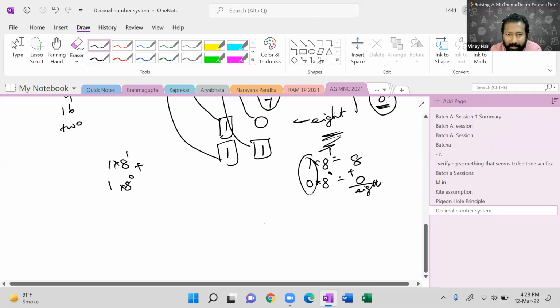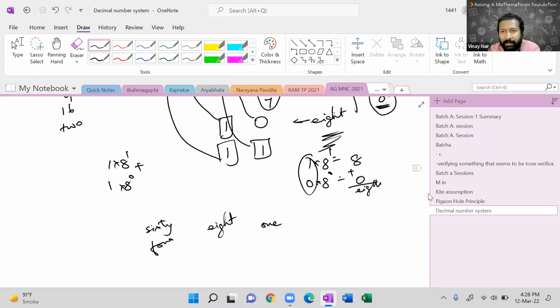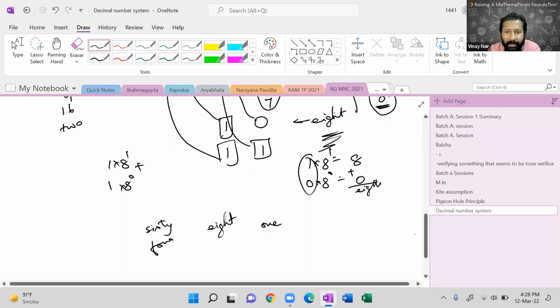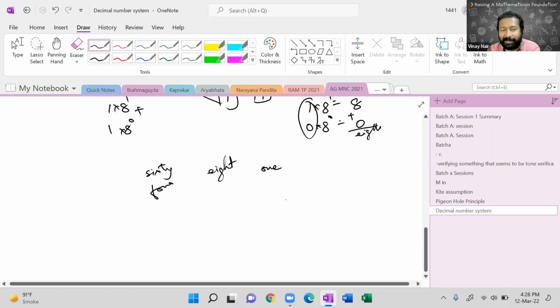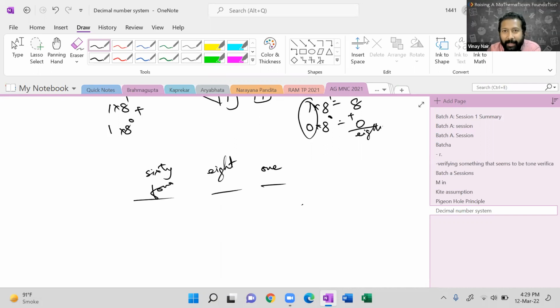There is a 1 rupee note, the next is an 8 rupee note, and the next is 8 squared, which is a 64 rupee note. It's a very weird currency for us, but let's say this is in the kingdom of octopuses. They have 8 tentacles, and with that they use this kind of currency.